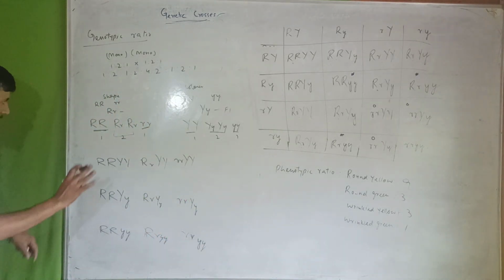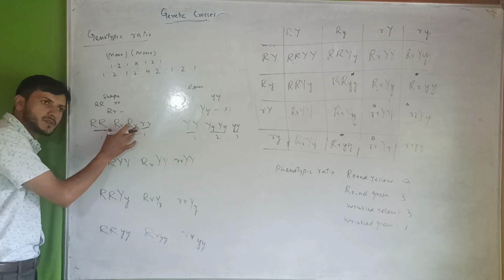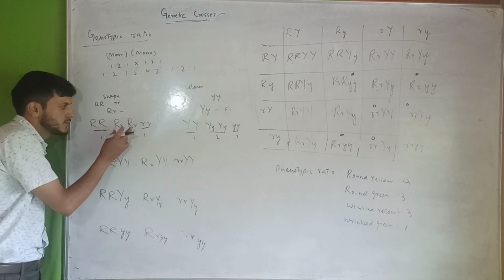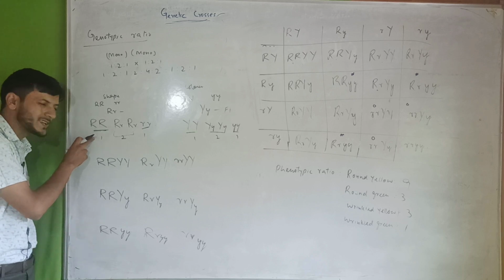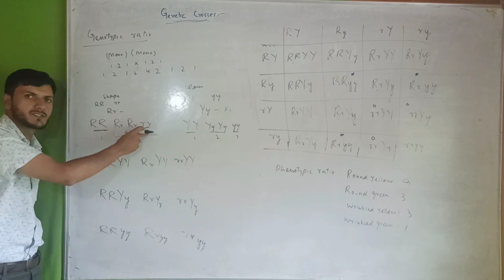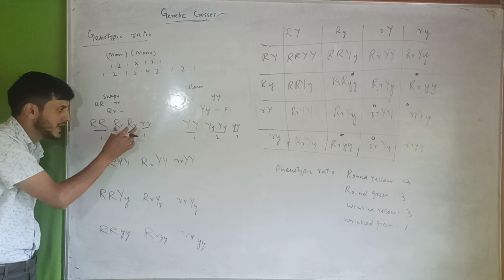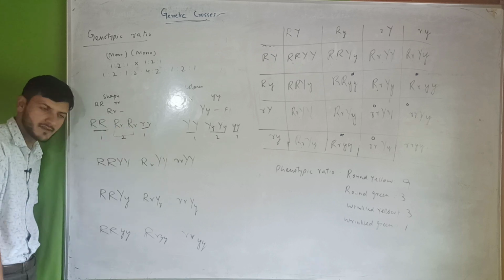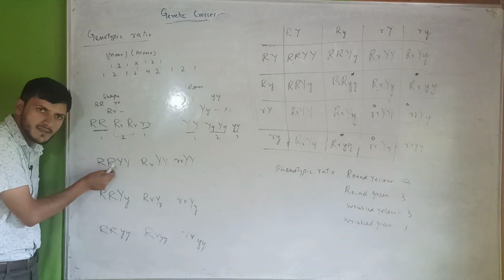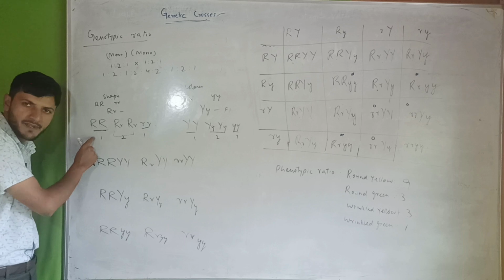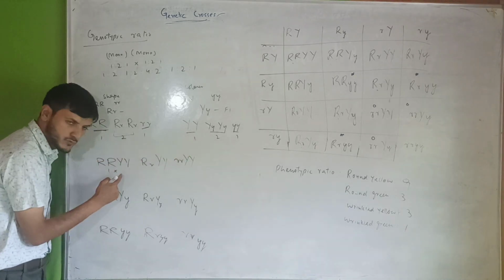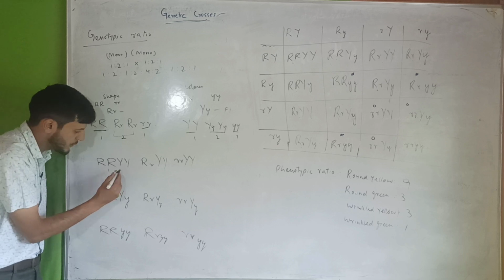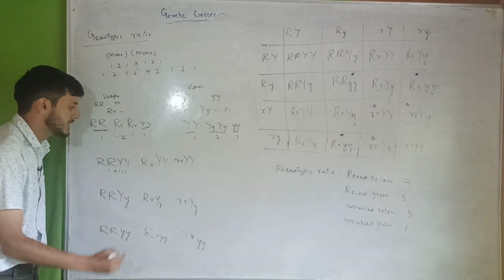Now, how many individuals are produced in the F2 generation of the monohybrid cross? 4: 1, 2, 3, 4. Out of 4, 1 is homozygous dominant, 1 is homozygous recessive, and 2 are heterozygous dominant. Capital R, homozygous dominant, 1. Color YY, homozygous dominant, 1. 1 into 1, 1.